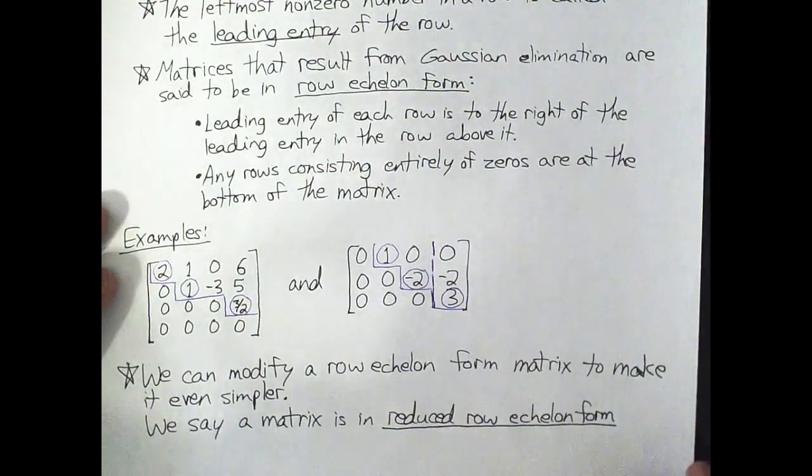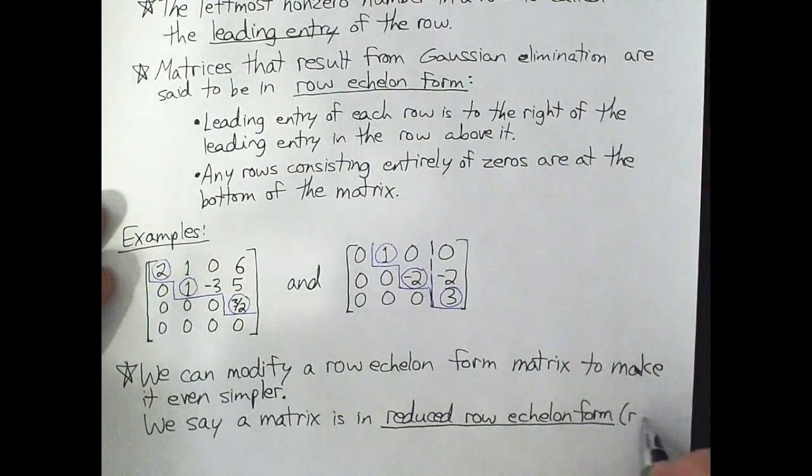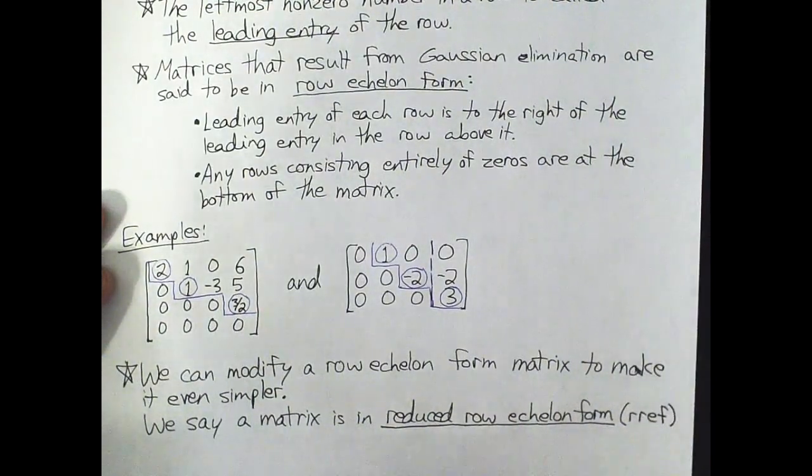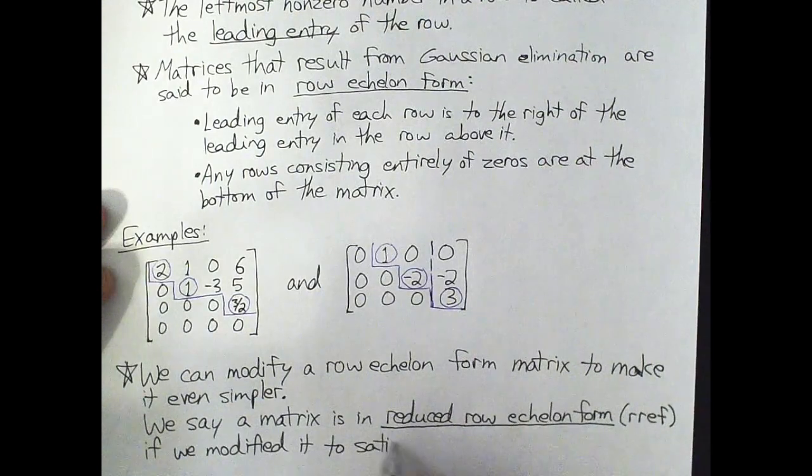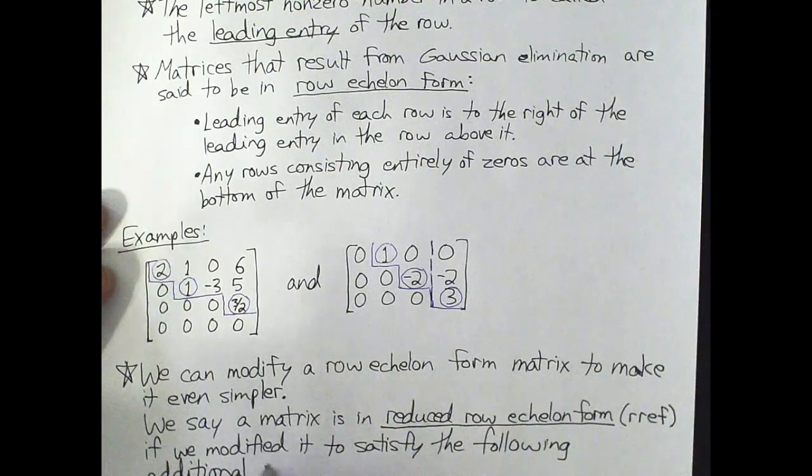And we sometimes abbreviate this as RREF, reduced row echelon form, if we modified it to satisfy the following additional requirements. All right, so there were 2 requirements above.